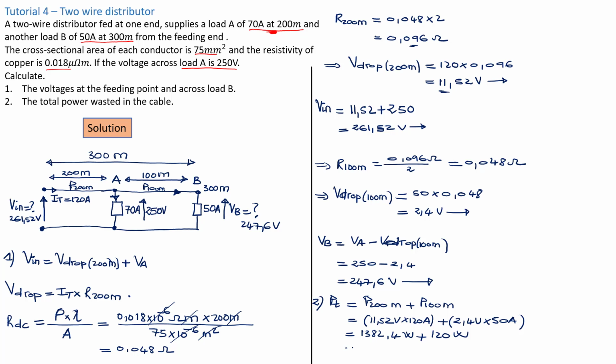Now we can just add these two, so that's going to be 1502.4 watt. Or we can simply deduce that it is 1.502 kilowatt. So this is the power that is wasted in this distribution line.